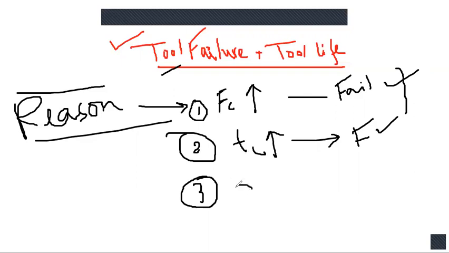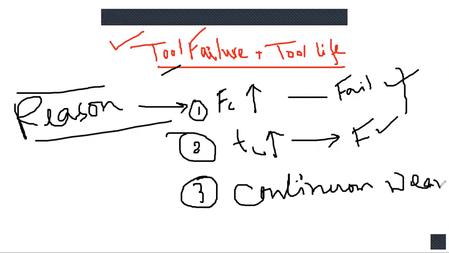Okay, so continuous wear. If the continuous wear is occurred, then the tool becomes fail after some time.